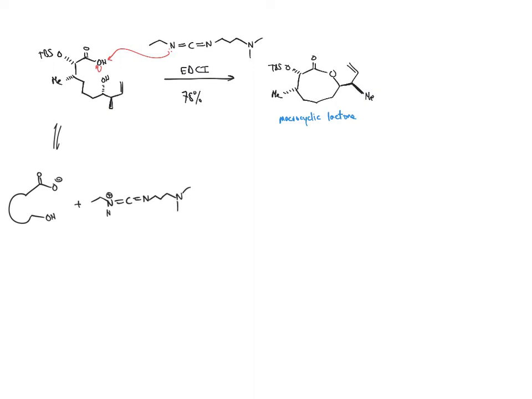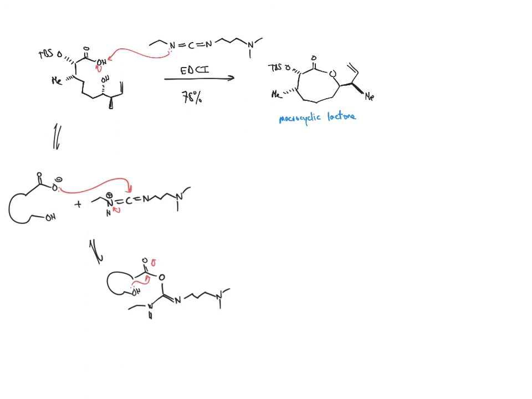Okay, so at this point, we take the carboxylate. We're going to attack the coupling agent. And that's going to give us an intermediate that looks like this. Okay, and now I've got this alcohol that intramolecularly can attack the carbonyl carbon.